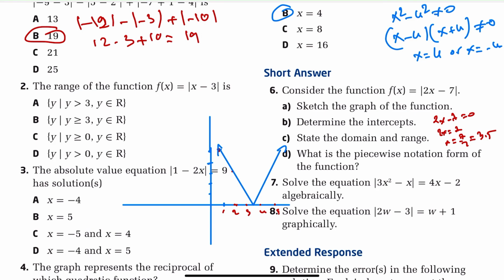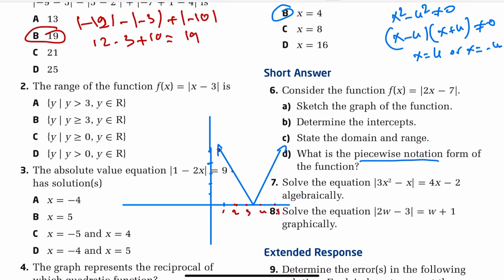Okay, so D, what is question D asking for? D, what is the piecewise notation of the function?